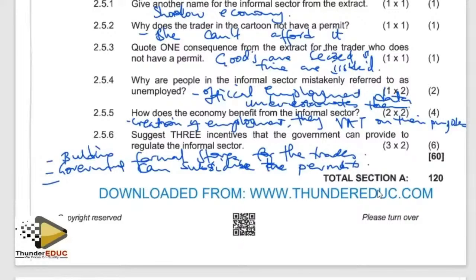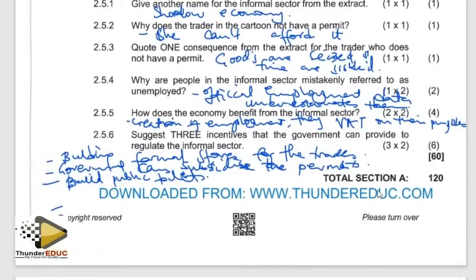Then remember, there are not enough toilets for these people. What can they do? Build public toilets in the areas where the informal businesses exist. Okay.